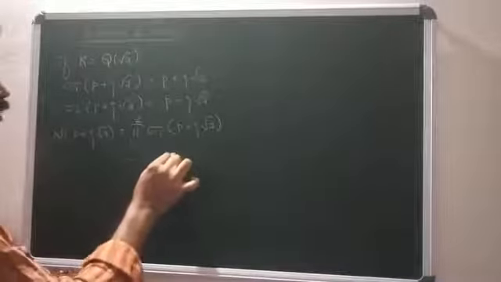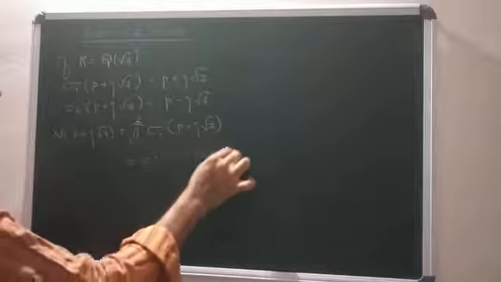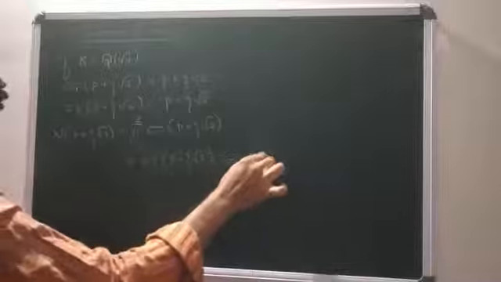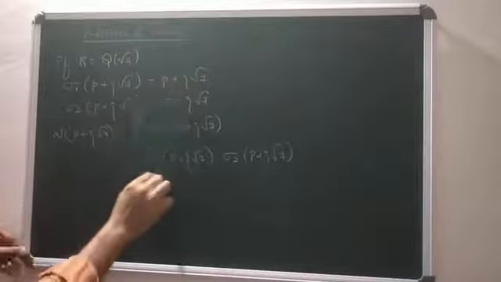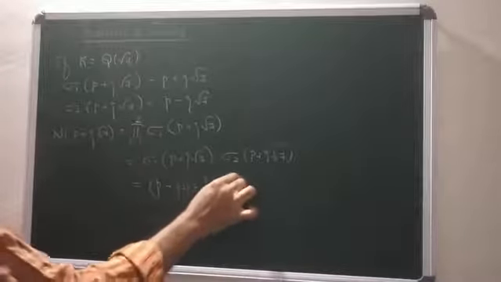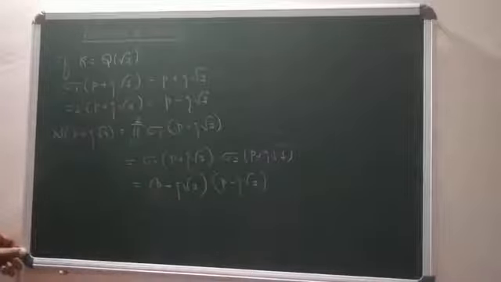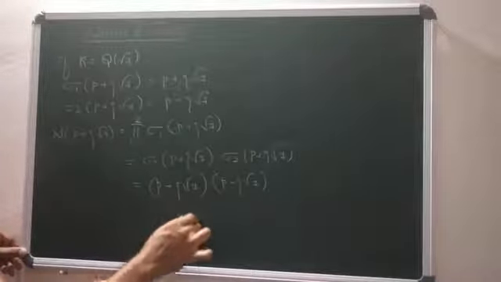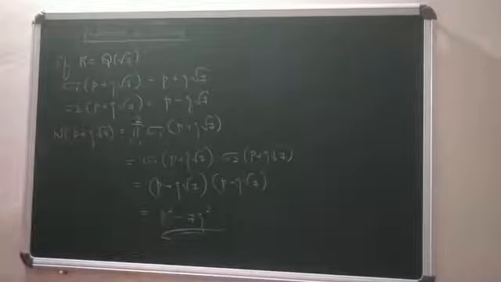That is sigma 1 of P plus Q root 7 into sigma 2 of P plus Q root 7. The first one is P plus Q root 7, into the second one, P minus Q root 7, equals (A plus B) into (A minus B), which is A square minus B square. That is P square minus 7Q square.